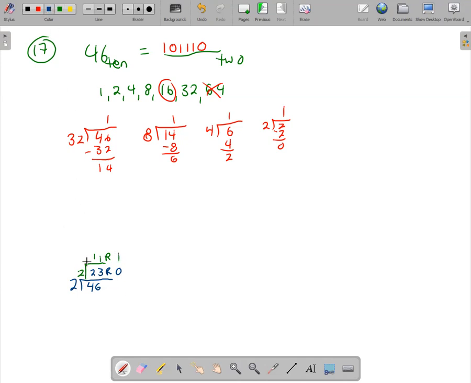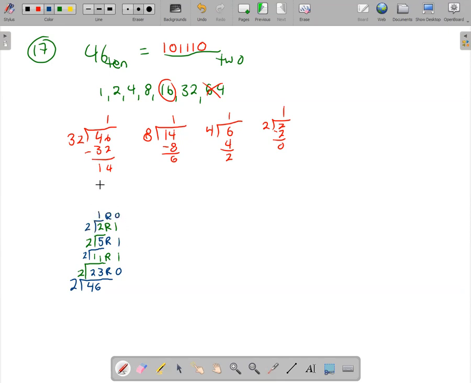We just keep building up until we get a 0 at the top. 2 goes into 11, 5 times, remainder 1. Keep going. 2 goes into 5 twice, remainder 1. 2 goes into 2 one time, remainder 0.